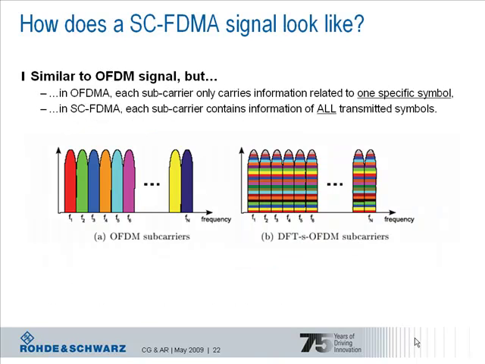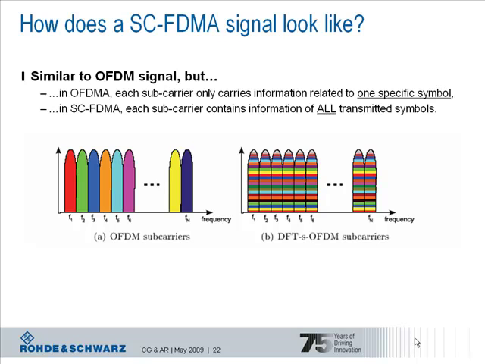This picture visualizes the things we just learned very well. When we compare classical OFDM used in the downlink and single carrier FDMA or DFT spread OFDM used for the uplink, then we can say that in OFDM each subcarrier carries only information related to one specific symbol. This is indicated by the color used for the subcarriers, as you can see on the left-hand side of the graph.